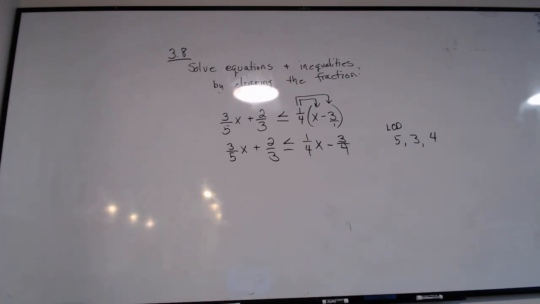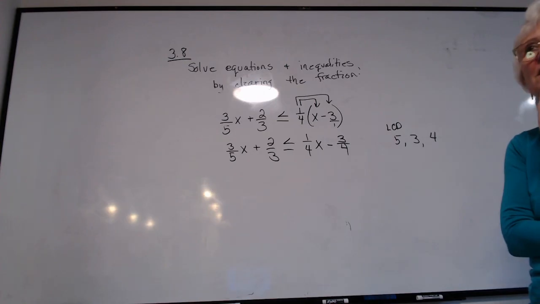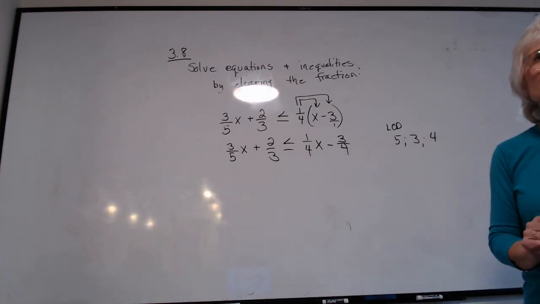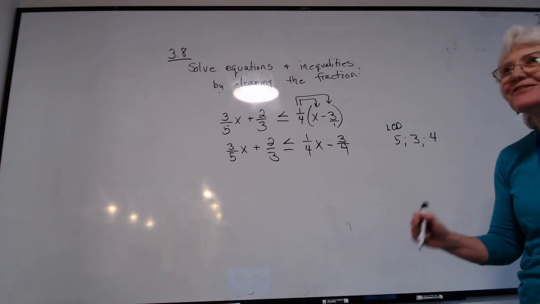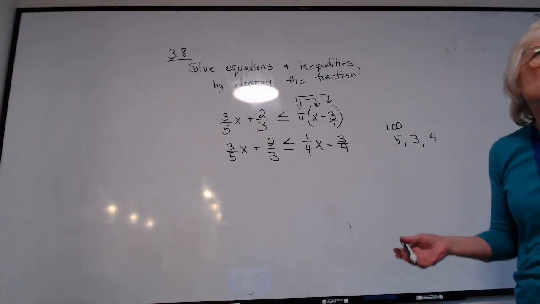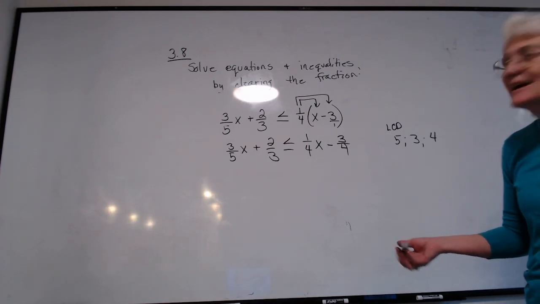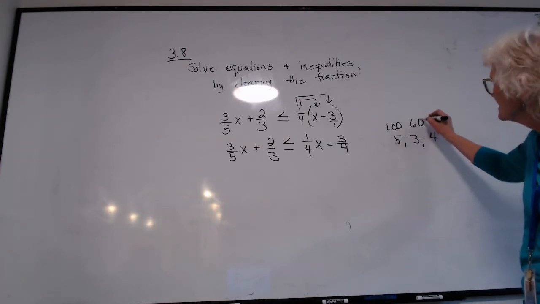No. 60. If all else fails, you know how you can get it? If you can't think of what it is, multiply the 3 together. It will give us not the lowest common denominator, but a common denominator. So the LCD is 60.